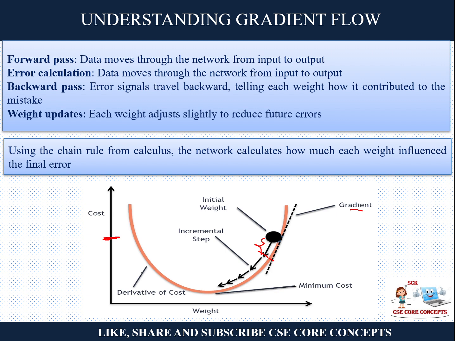When you did the next forward pass, this is the error which you got, still quite high. Again you did a backward pass, and you got an error here. Like this you are slowly moving at each step, and this is the point where the error is minimum. I hope you understood this graph.